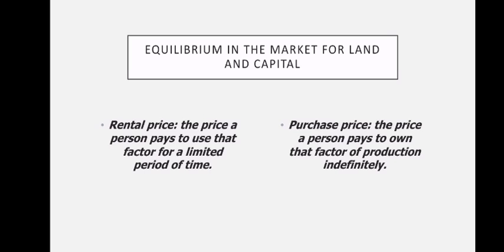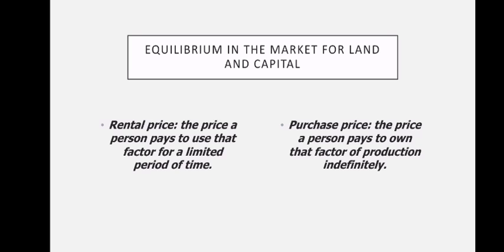What determines how much the owners of land and capital earn for their contribution to the production process? Before answering this question, we need to distinguish between two prices: the purchase price and the rental price.